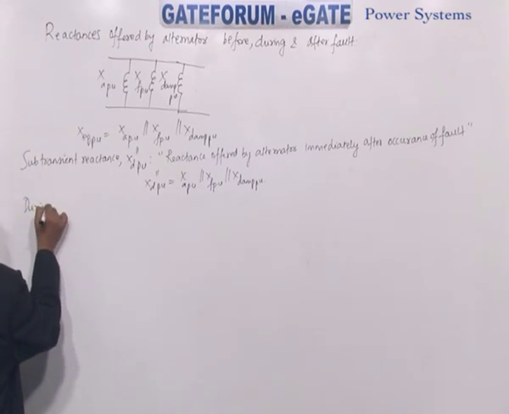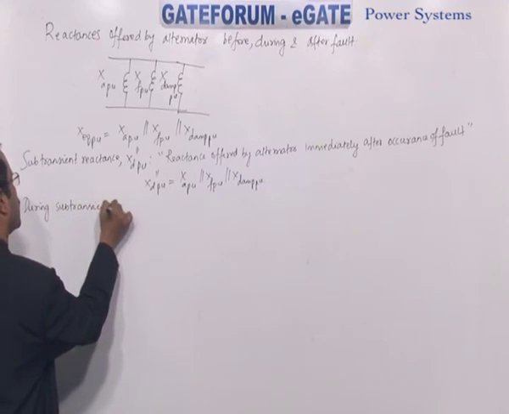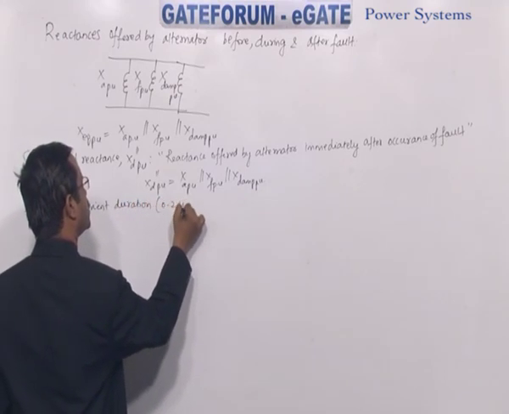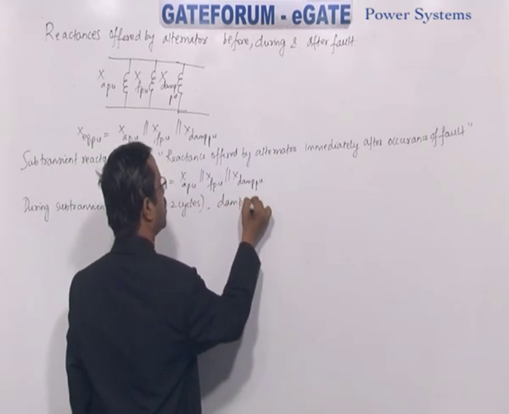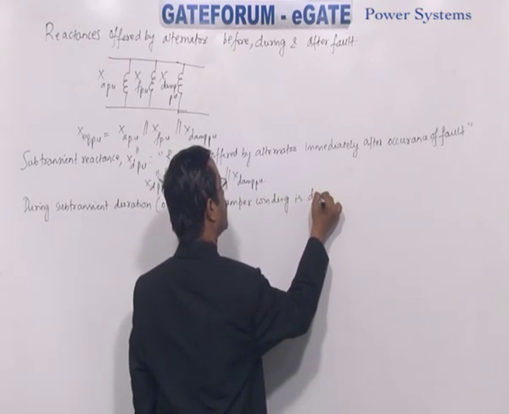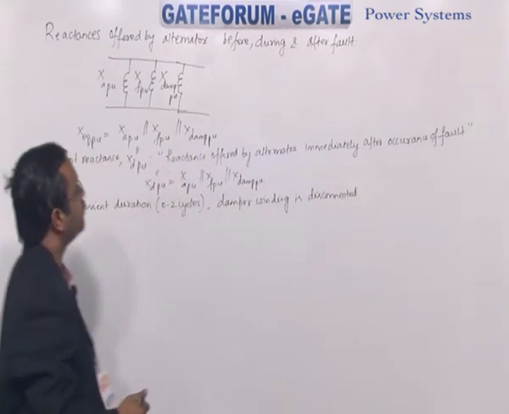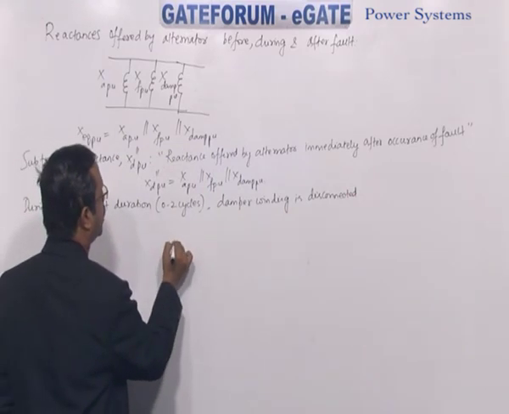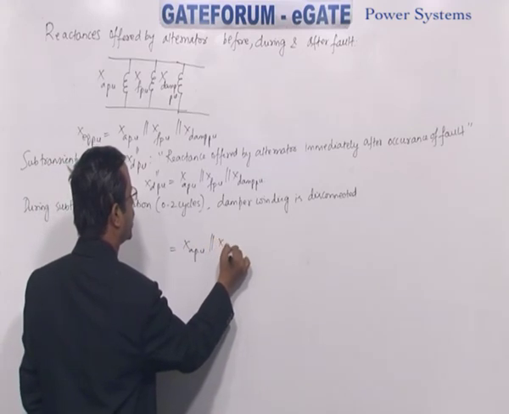So you mention now, during subtransient duration, that is 0 to 2 cycles, damper winding is disconnected. If damper winding is disconnected, what will you have? Only XA and XF.